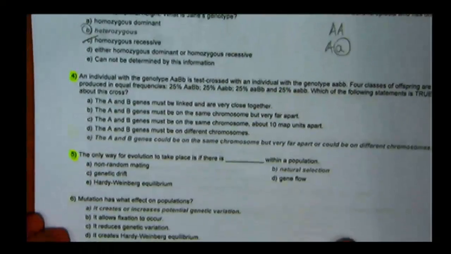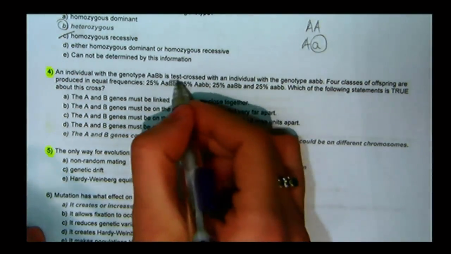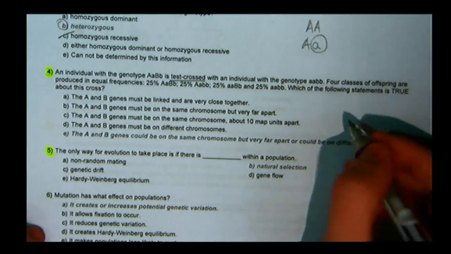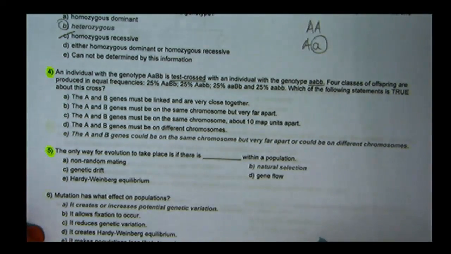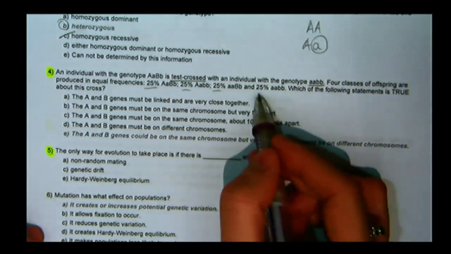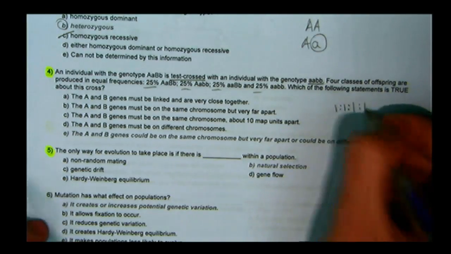Again, I recommend going back and looking at what those ratios were each referencing. In this case, 1 to 1 to 1 to 1 is independent assortment. You can get independent assortment by either being on different chromosomes or being so far apart on a chromosome that they're going to recombine every single time. So the answer here is E. They're either on the same chromosome but very far apart, or on different chromosomes that are going to shuffle each time.